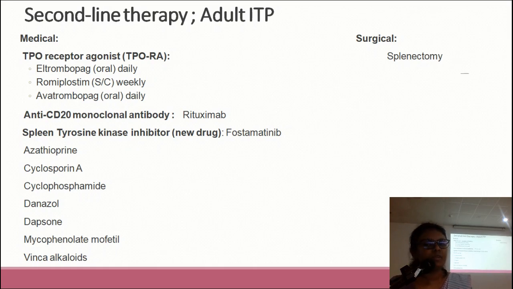Surgical treatment is splenectomy. So it is normally considered for patients with chronic ITP, more than 1 year from the diagnosis. We should address splenectomy sepsis and vaccination prior to splenectomy.